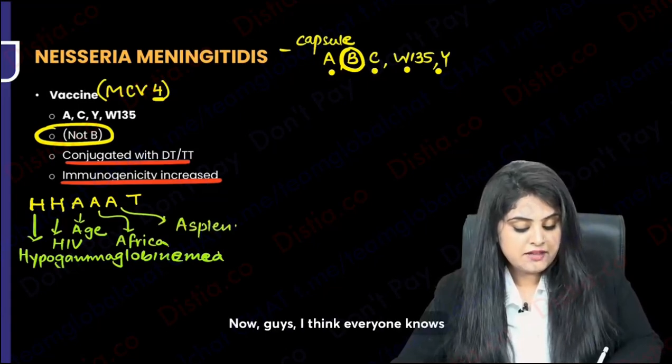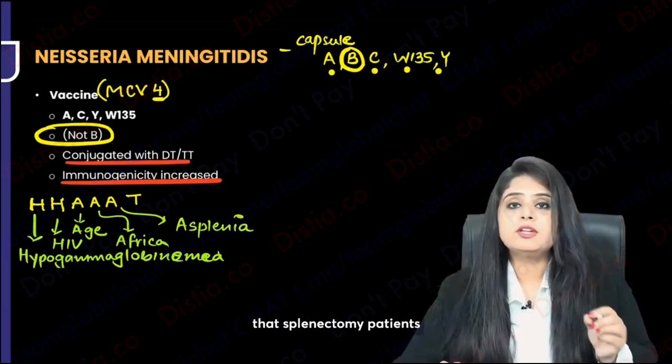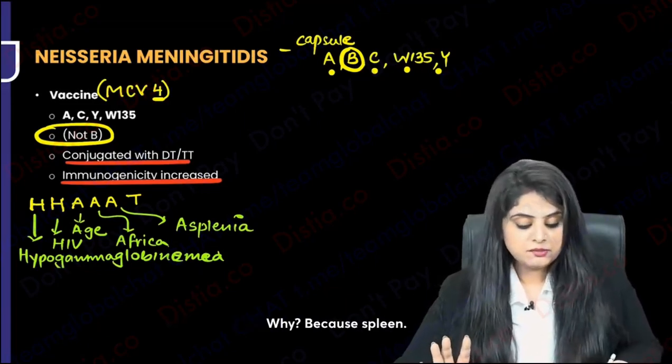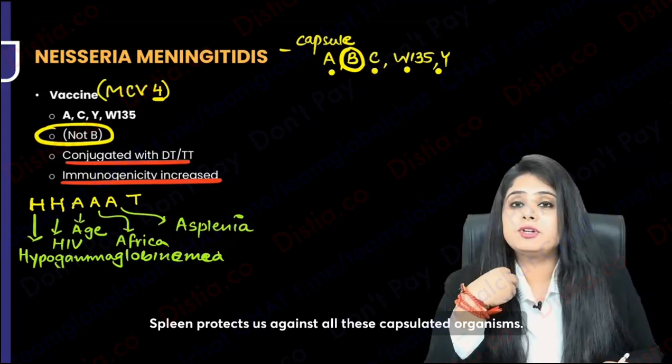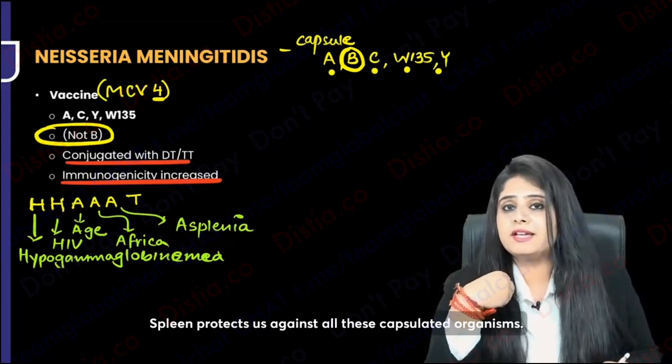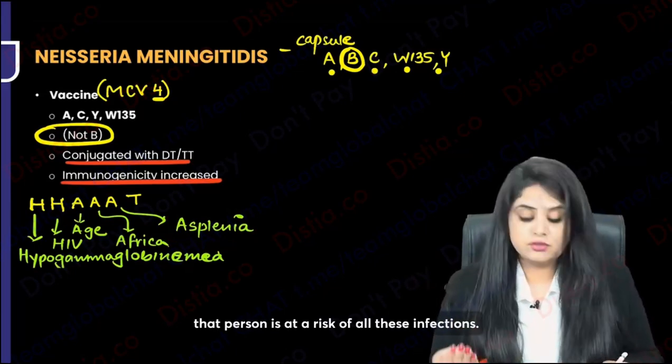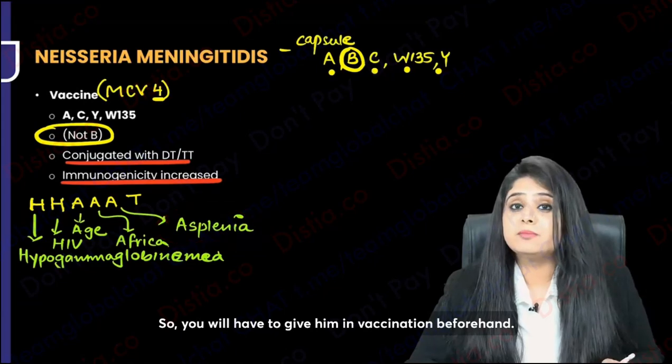Now guys, I think everyone knows that splenectomy patients are given these capsulated organism vaccines. Why? Because the spleen, let me go into physiology, protects us against all these capsulated organisms. If someone's spleen is removed, that person is at risk of all these infections, so you will have to give vaccination beforehand.